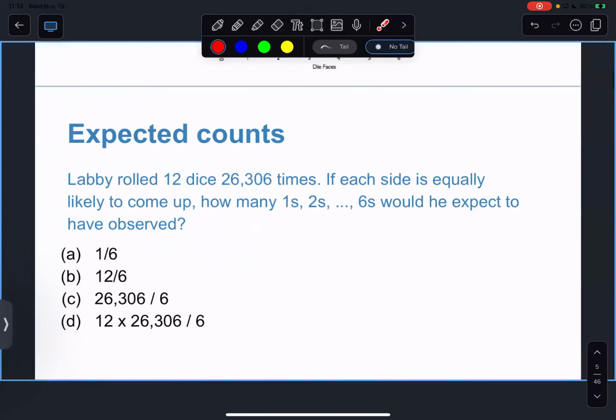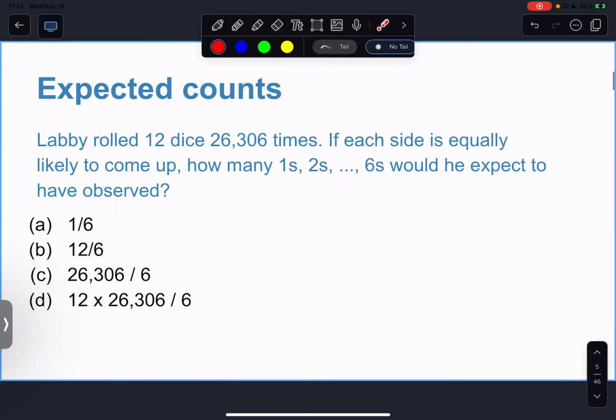And the key part of a chi-squared test is that we have these expected counts. So I'm going to have observed counts and expected counts, and I'm comparing the two. Okay? And so we rolled 12 dice, 26,306 times.